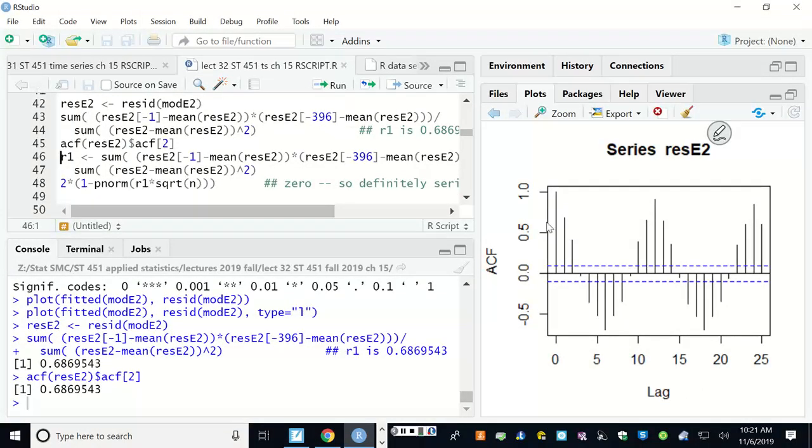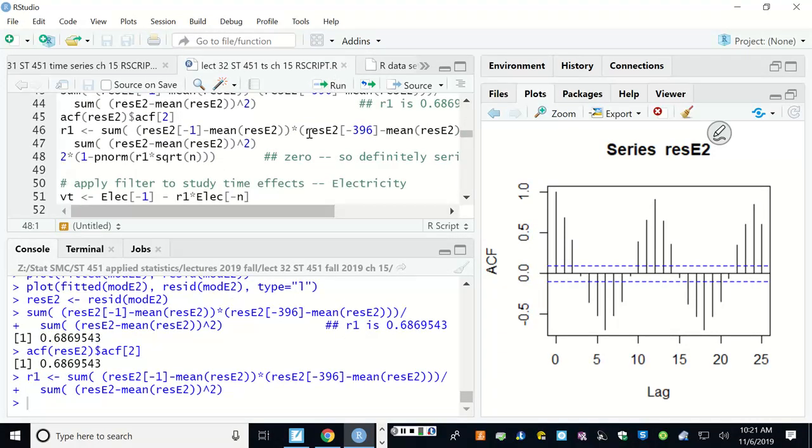Since it has that kind of sinusoidal pattern, you see this up and down in the residuals, in the lags. Remember, this is lag 1, lag 2, lag 3, and so on. So anyway, we can assign r1 as a value, and that's the normal test for autocorrelation.